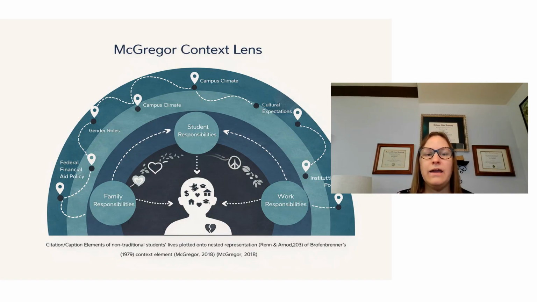So I believe it can be used to help identify friction, understand drift, and better support students. It also really connects to our hospitality, our belonging, and the student experience. When you see the full context, your approach to support has the ability to change.